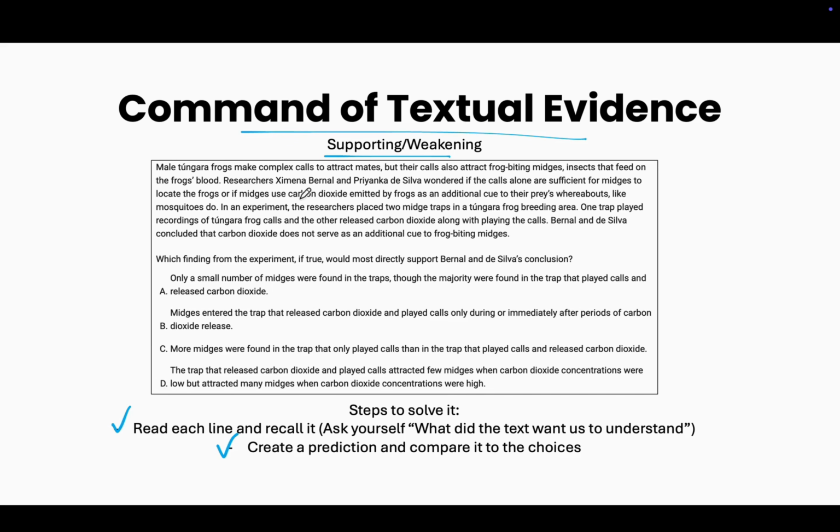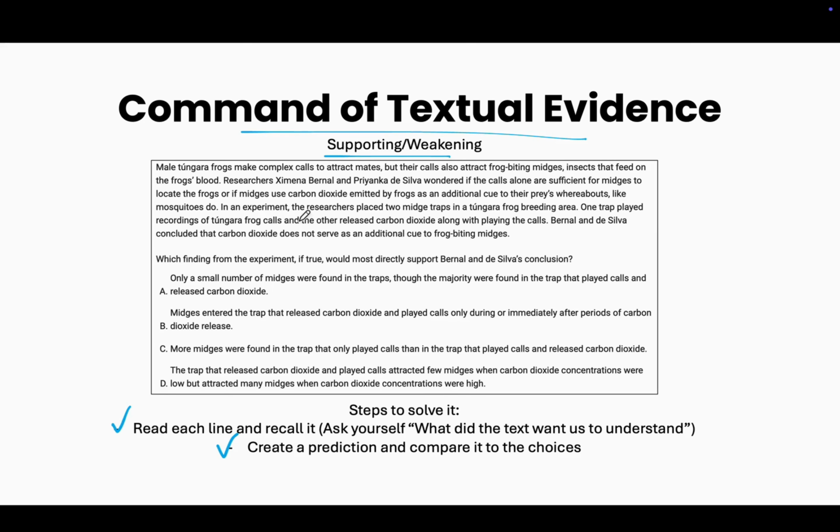Researchers Ximena Bernal and Priyanka De Silva wondered if the calls alone are sufficient for midges to locate the frogs, or if midges use carbon dioxide emitted by frogs as an additional cue to their prey's whereabouts, like mosquitoes do. So they were wondering if the sounds were the only thing attracting the bad insects, or is it also the carbon dioxide from the frogs that helps the bad insects find the frogs?